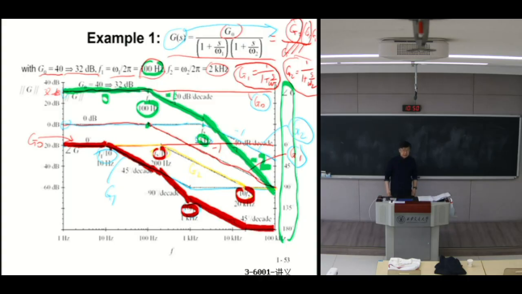That's the overall phase angle of the transfer function. So in the end, when you go to high frequency, the total phase angle of the transfer function is going to be minus 180 degrees, because there are two single poles adding up together. That's going to be totally minus 180 degrees.